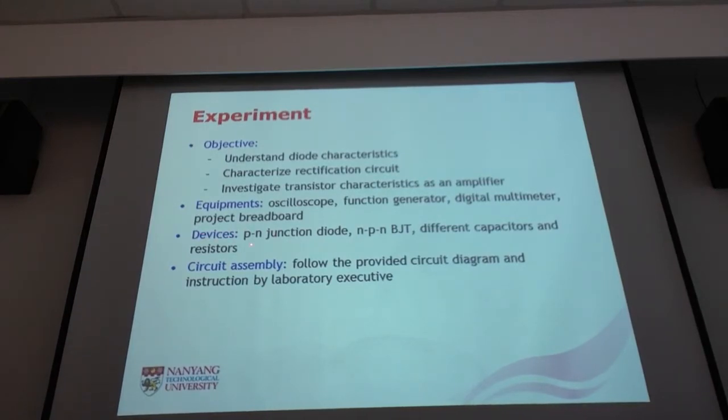The devices we have are the PN junction diode, this bipolar junction transistor, which is NPN in this case, and different capacitors and resistors. The circuit assembly will be the tricky part here, but later Mr. Ling will show you step by step how to do it.